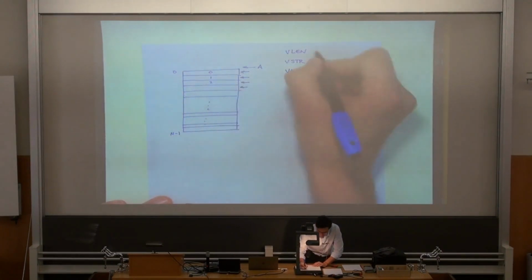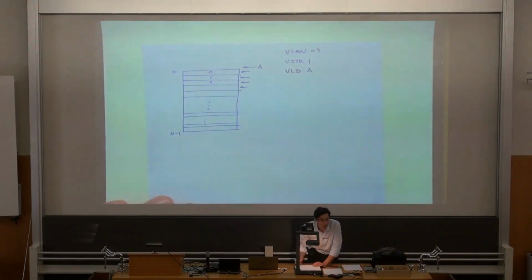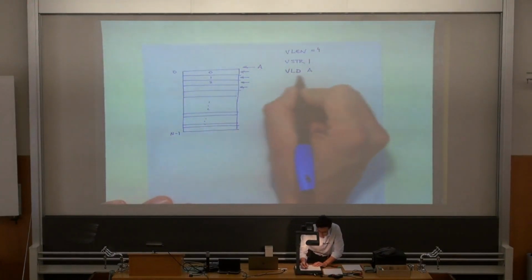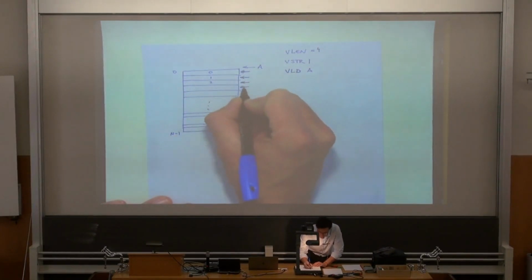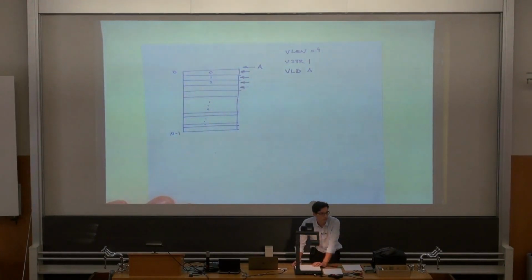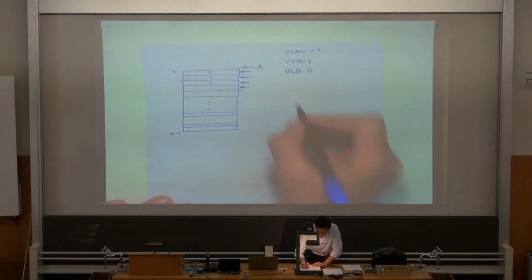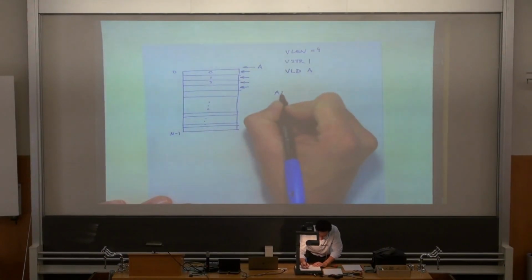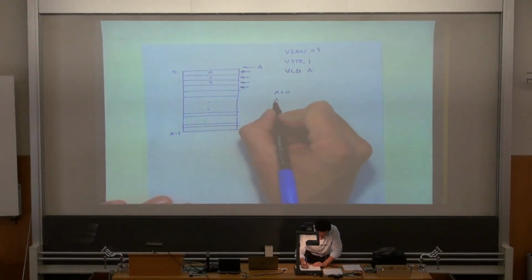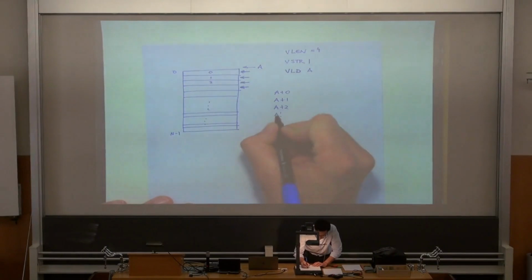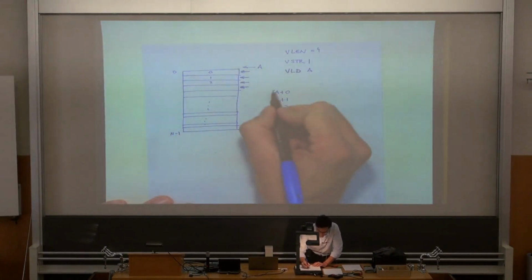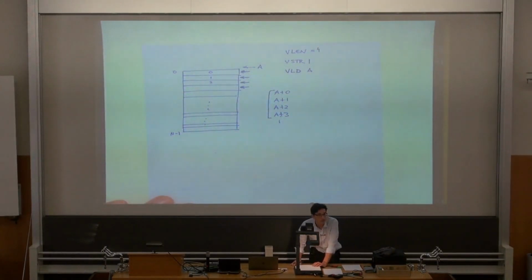So for example, if our vector length is equal to 4, with this vector load A instruction, we would be loading these 4 elements into the vector register. So what we do here is calculating addresses and accessing these addresses. Actually, if our vector length is 4, it would be something like this.